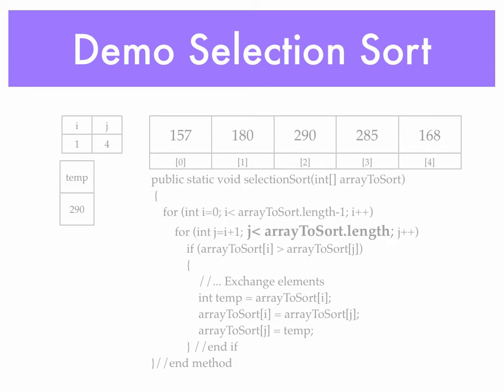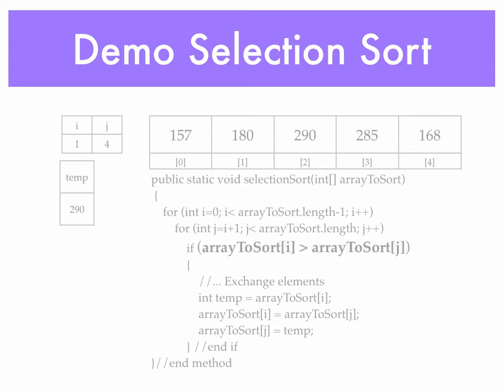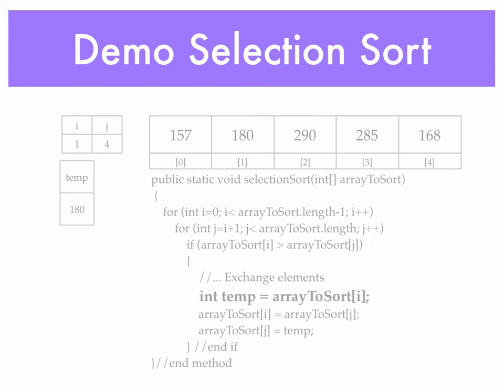Is j less than length? Yes, it is. We ask the question, is it true that the value stored in space I, that's 1, so that's 180, is greater than what we find in position j, that's 4, that's 168? And it is true, so we'll exchange the elements. We find the value in I, which is 1, so we'll put 180 into temp.